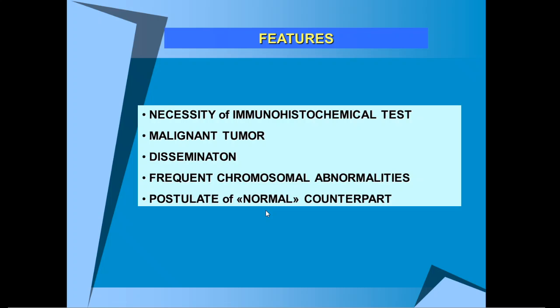Next feature, as you see, dissemination. You know that all malignant tumors have a feature called metastasis, so spreading of malignant cells within the whole organism. For hemoblastosis, we can't use the term metastasis.